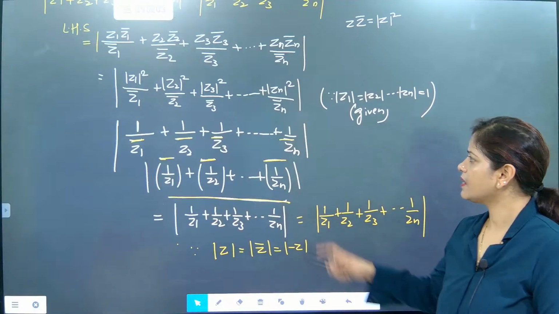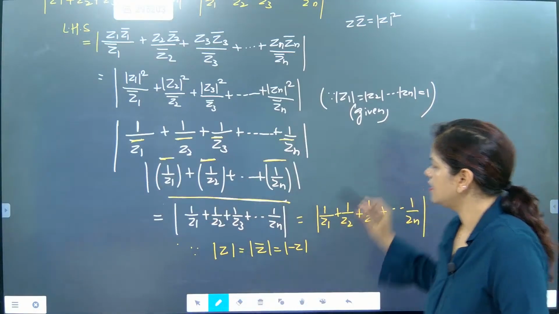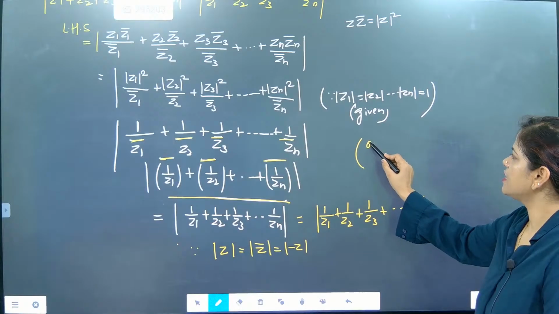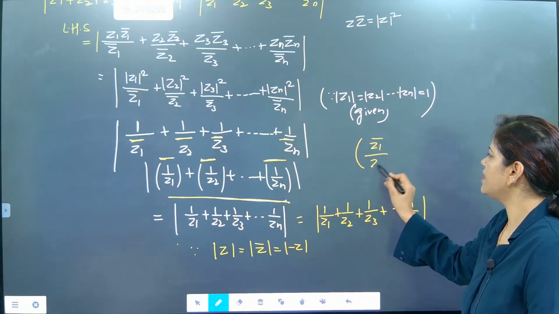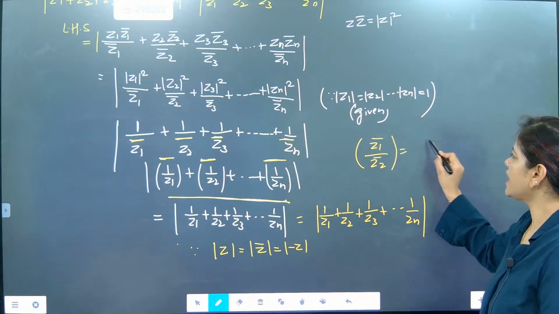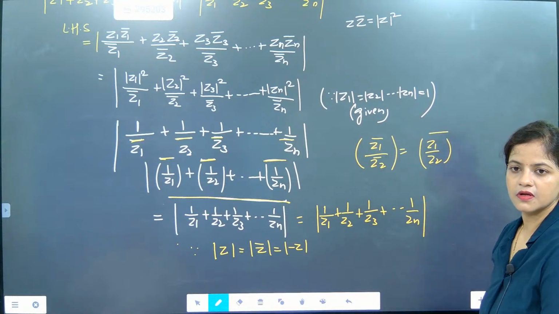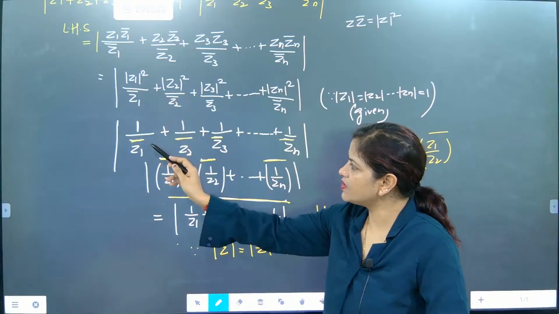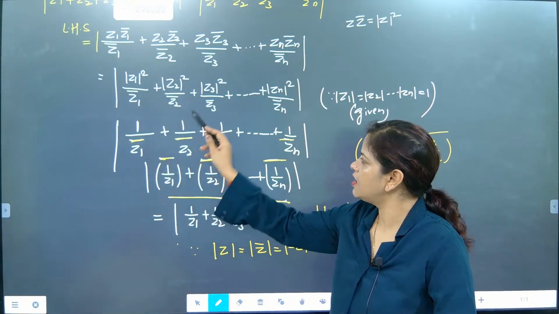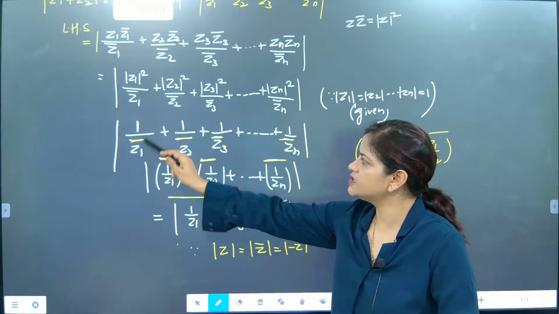Now look here, beta. When you will be writing like this, please pay attention. Z1 bar by Z2 bar can be written as Z1 by Z2 whole bar. Okay, so here 1 by Z1, 1 by this part, once it became 1 by Z1 bar, 1 by Z2 bar, 1 by Z3 bar. So here first thing is that this bar we can take up.